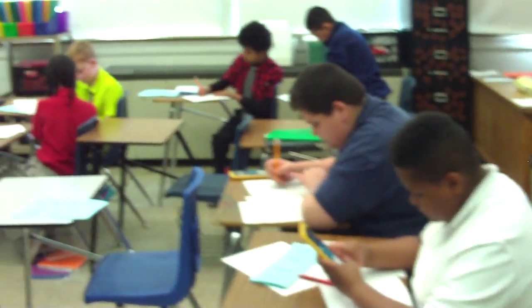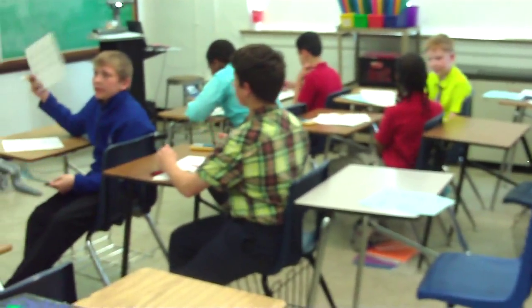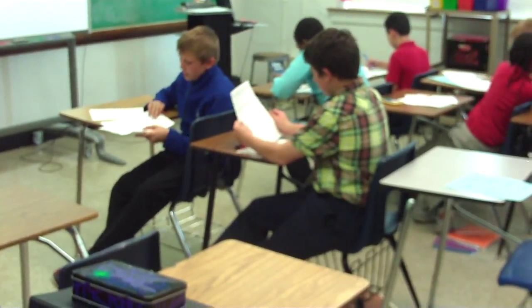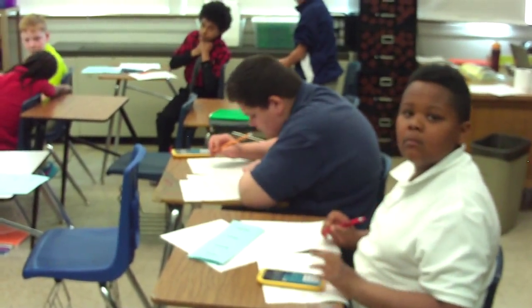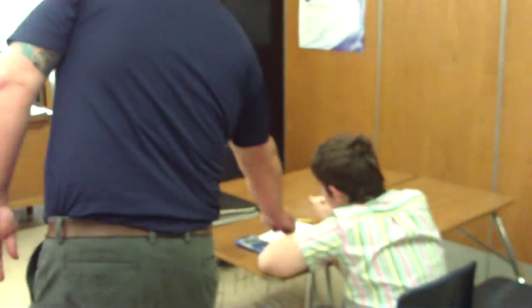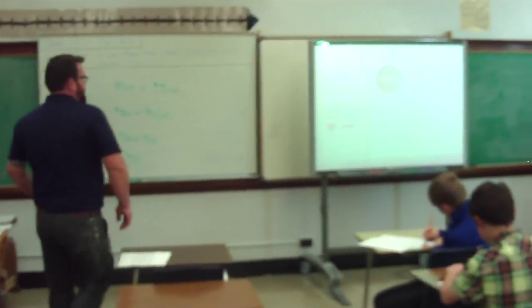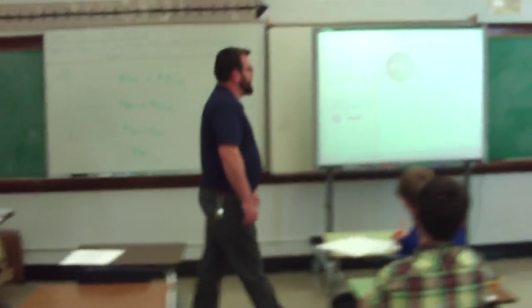Let me get your calculator. 1, 2, 3, 4, 5, 6, 7, 8, 9, 10 numbers. So you divide by 10. 5, 4, 3, 2, 1.